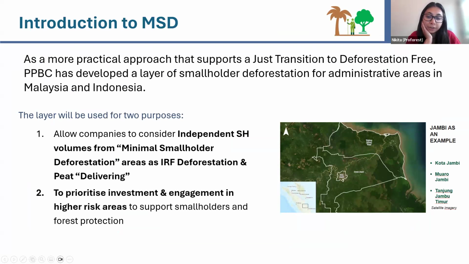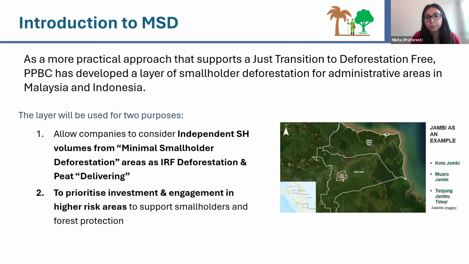The layer will be used for 2 purposes. For the purposes of the IRF 6.0 reporting, it allows companies to consider the volumes that are coming from MSD areas to be classified as delivering in the IRF 6.0.